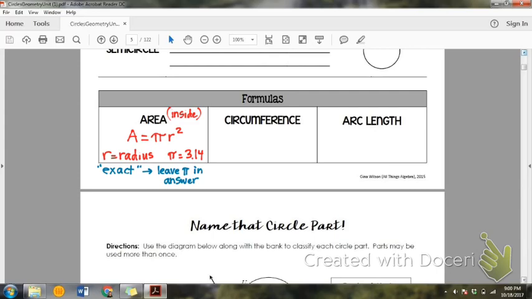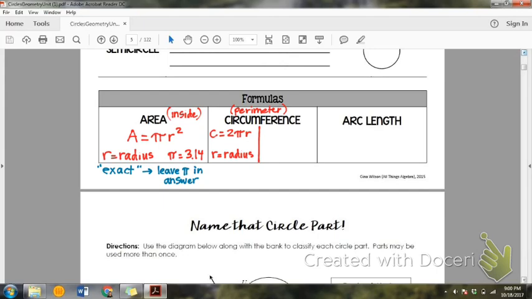Okay, so the circumference is the perimeter around the circle, around the edge of the circle. And the circumference can be written 2 ways. So the circumference can be written as 2 pi r, r being the radius, but if I multiply the radius by 2, I'm getting the diameter, right?